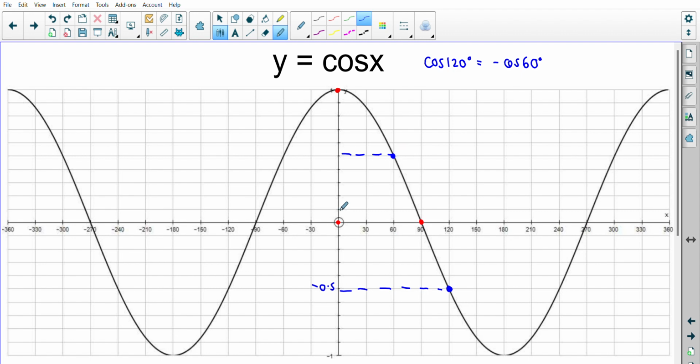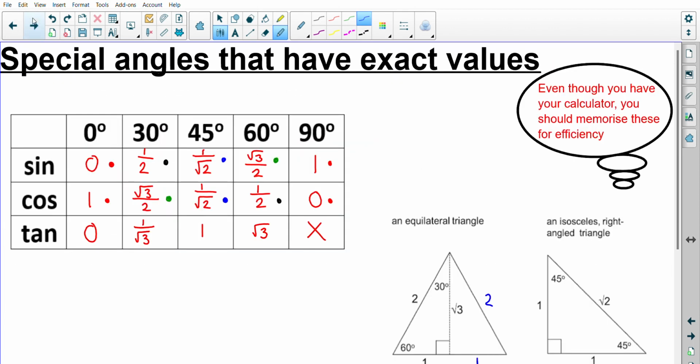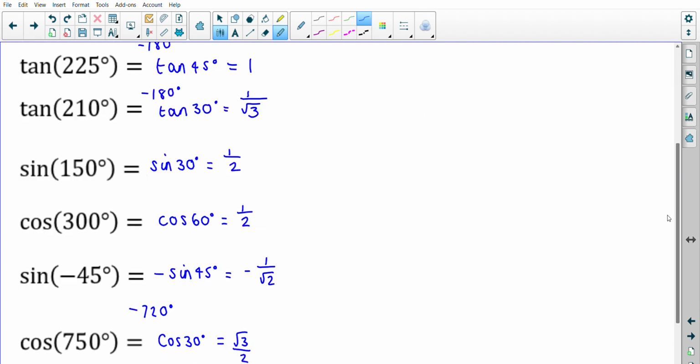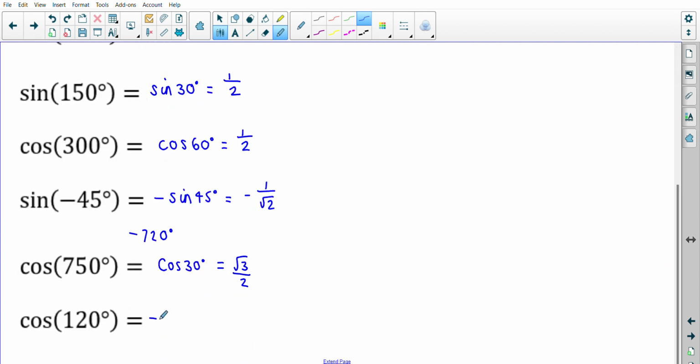You can tell from here 0.1, 2, 3, 4, 0.5. Okay, so if I say that cos 120 is the negative of cos 60, it looks right to me. So last one, that's the same as minus cos 60 degrees, which is minus a half.